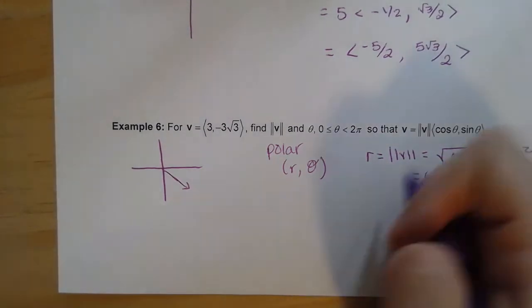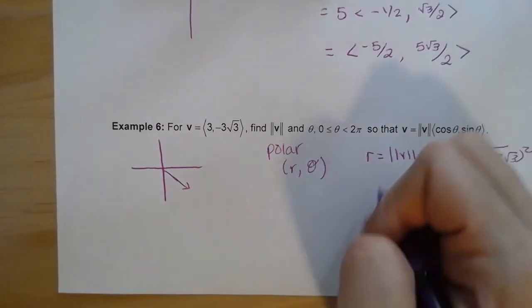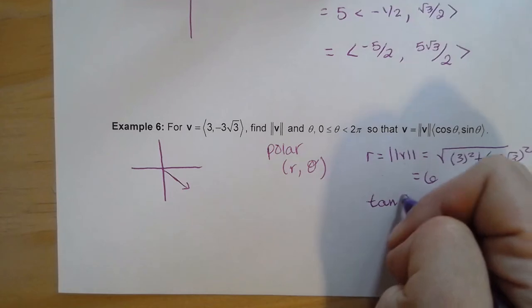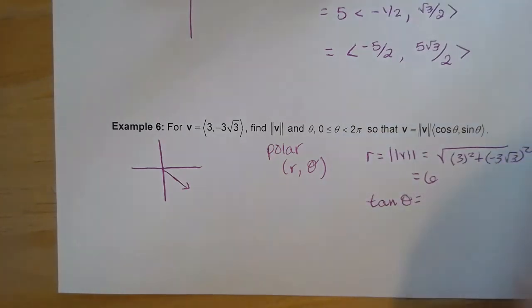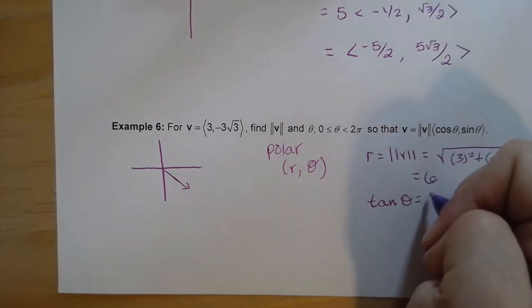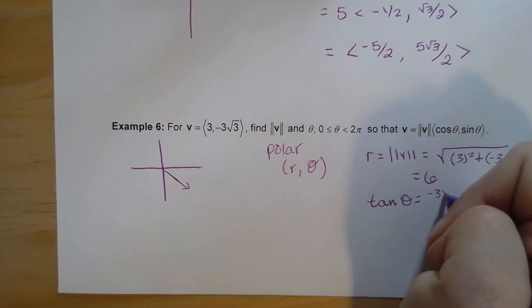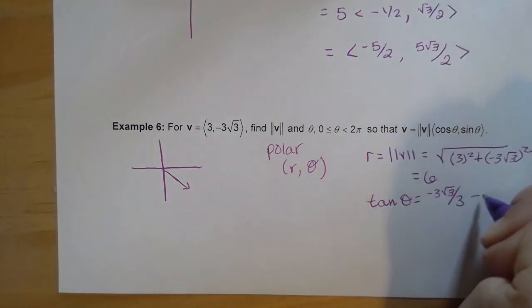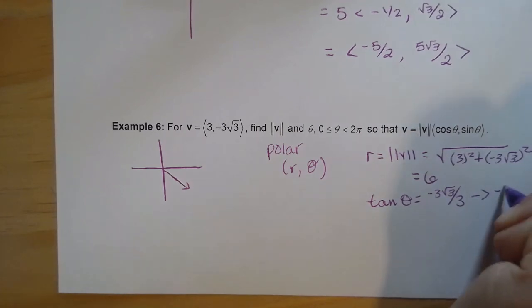Now we need our theta. How do we find our theta in the past? We went tangent theta equals y over x. So it's going to be our negative 3 square root of 3 over 3, which actually reduces to negative square root of 3.